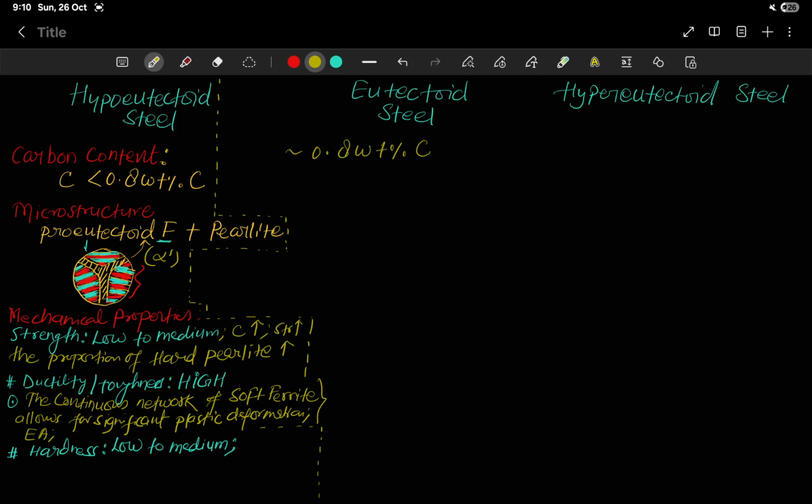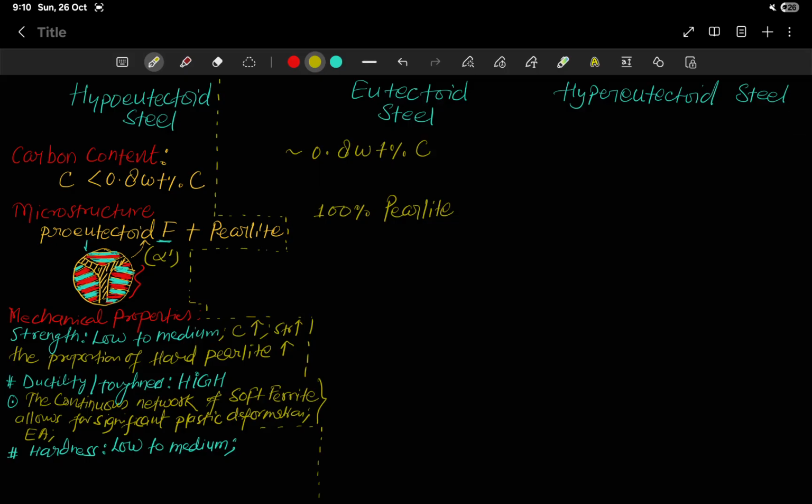Now let's see what its microstructure looks like. Upon slow cooling, we will get 100% pearlite.